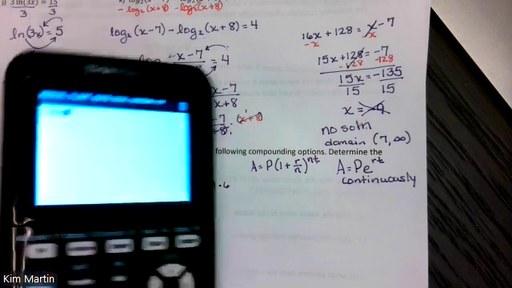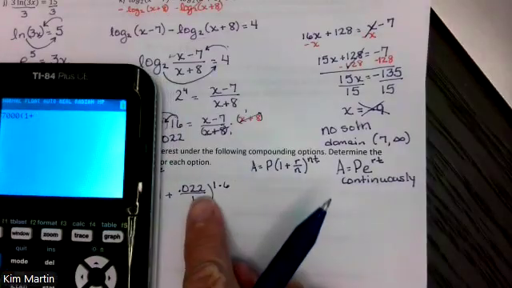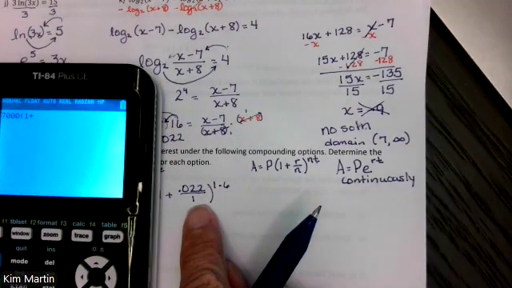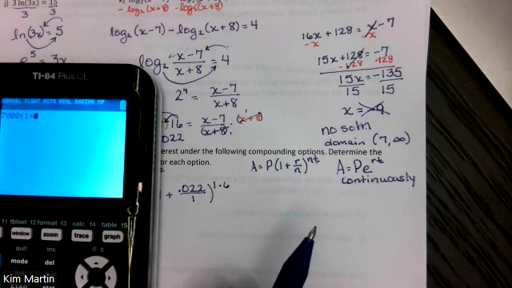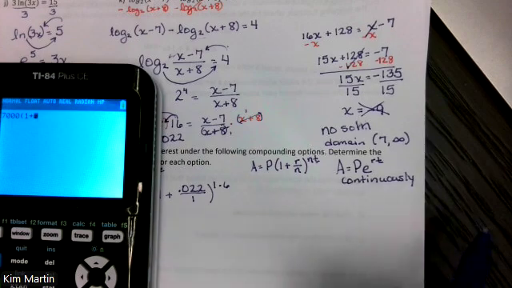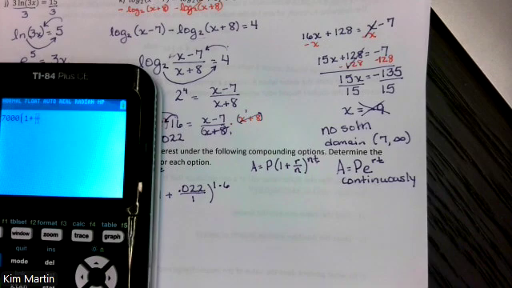But not always is it going to be a 1. So that's why I'm going to use it. So it's going to be 1 plus. And again, I just do division, but you don't have to. Again, the 1's not going to do anything, but I'm going to show you how I would just change it for the next problem to a 4, so I don't have to type it all in again. I'm going to hit my fraction because most of you will use that. 0.022 on the top, 1 on the bottom.